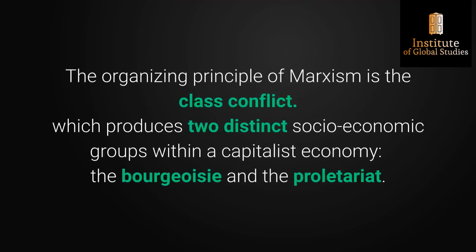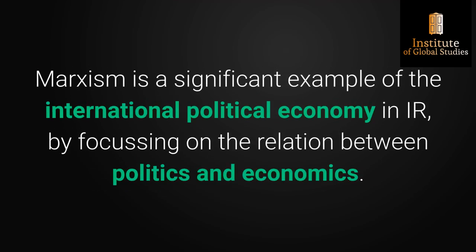The organizing principle of Marxism is the class conflict, which produces two distinct socio-economic groups within a capitalist economy, the bourgeoisie and the proletariat. Marxism is a significant example of the international political economy in IR, by focusing on the relation between politics and economics.